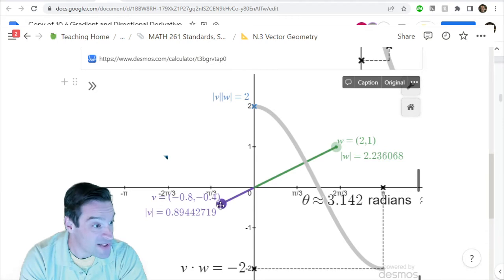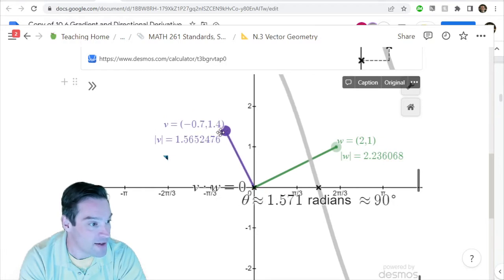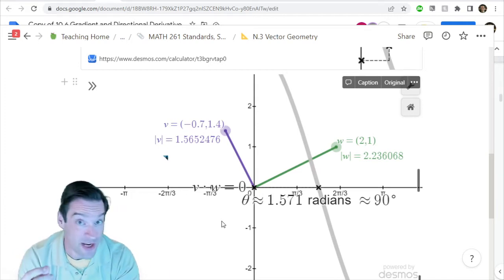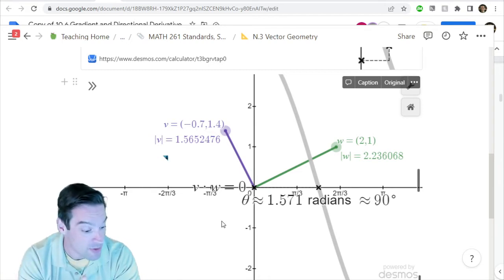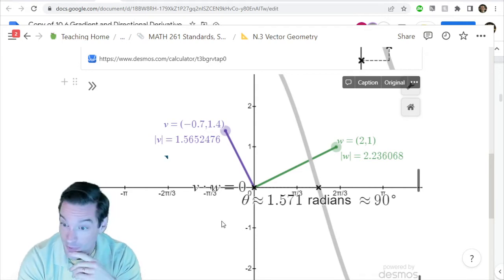But probably most saliently, we can use the dot product to tell us when a pair of vectors are perpendicular, because at that point the dot product must be 0, regardless of the magnitudes of those vectors, because the cosine of a 90-degree angle is equal to 0. So the biggest use case for dot products for us in geometry is to give us a way to detect when two vectors are perpendicular to one another.